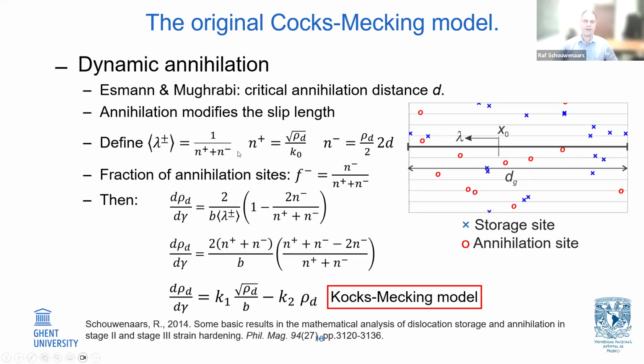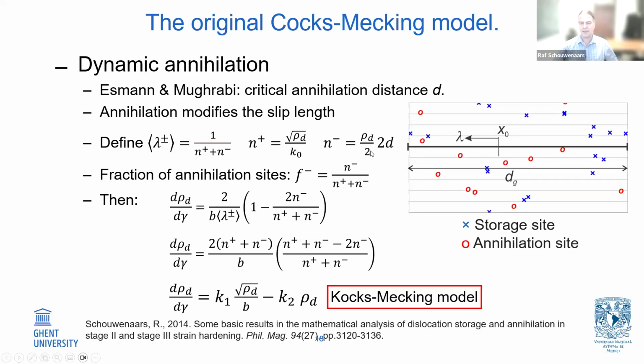And we know for the equation to be correct, n plus is just the square root of dislocation density over K0, n minus, according to Essmann and Mughrabi, and based on the critical annihilation distance, is just rho d over 2 times 2d. Why is the 2 rho d over 2?